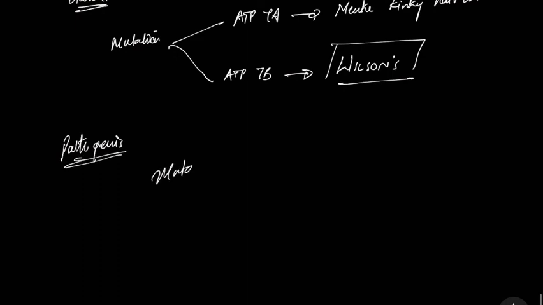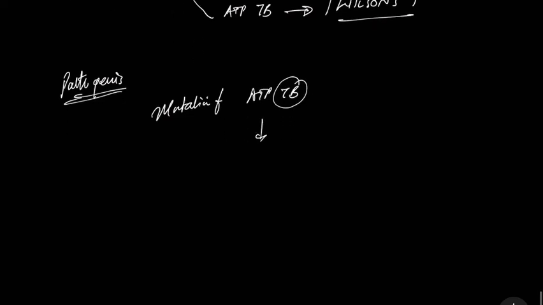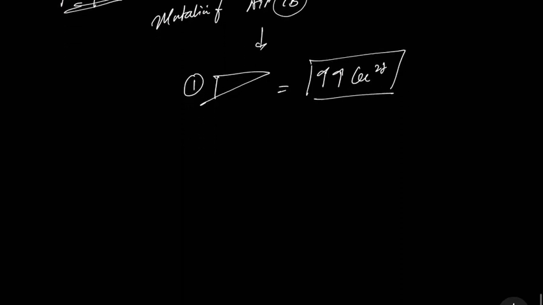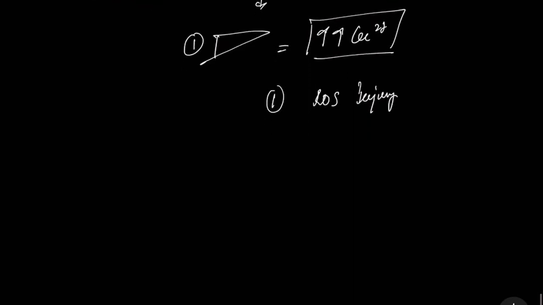Coming to the pathogenesis, we learned that there was mutation of your ATP7B. This leads to an increase in copper in your liver. The first thing that is going to happen to our liver is ROS injury, that is reactive oxygen species being accumulated in your liver, leading to injury.